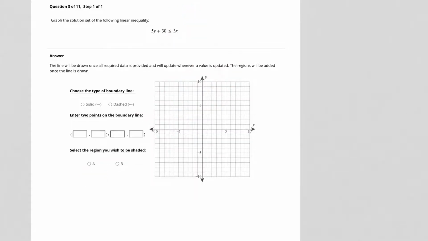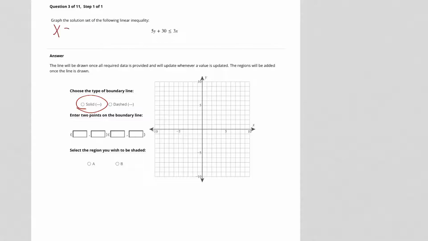Our next one, 5y plus 30 is less than or equal to 3x. First question, solid or dashed line. We have less than or equal to this time, which means a solid line. The next thing, it's asking us to enter 2 points that are on the boundary line. Once again, I can try x equals 0 and y equals 0.